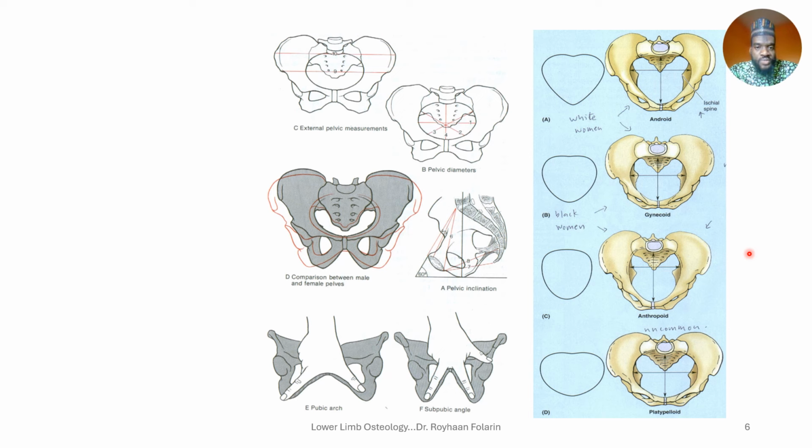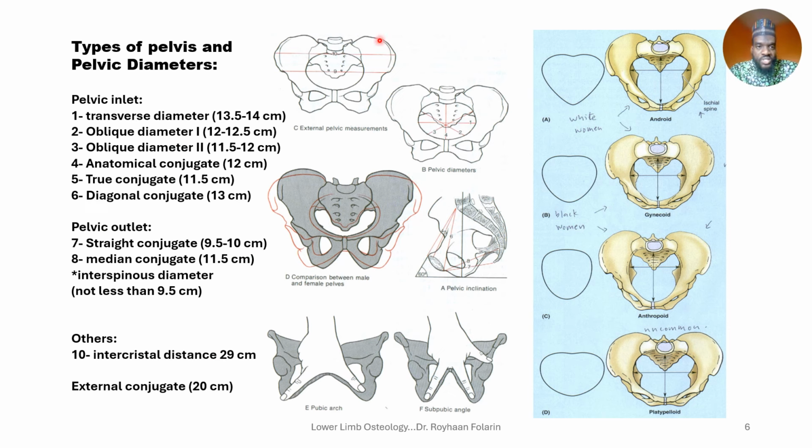Now let's move into the pelvic diameters, which are critical for understanding the passage of the fetus during childbirth. First of all, we'll talk about the pelvic inlet diameter, and I need you to pay attention. Let me try and change my cursor to something that takes less space, perhaps a pen. Okay, yes.